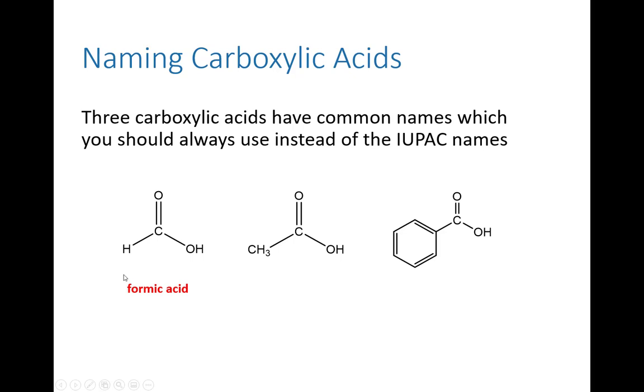So form is another way of saying essentially 1 carbon. Formic acid is what is contained in ant bites and what gives them their sting. Here we have acetic acid. Acetic acid is the common acid in vinegar. And then finally, this acid with the benzene ring is called benzoic acid.